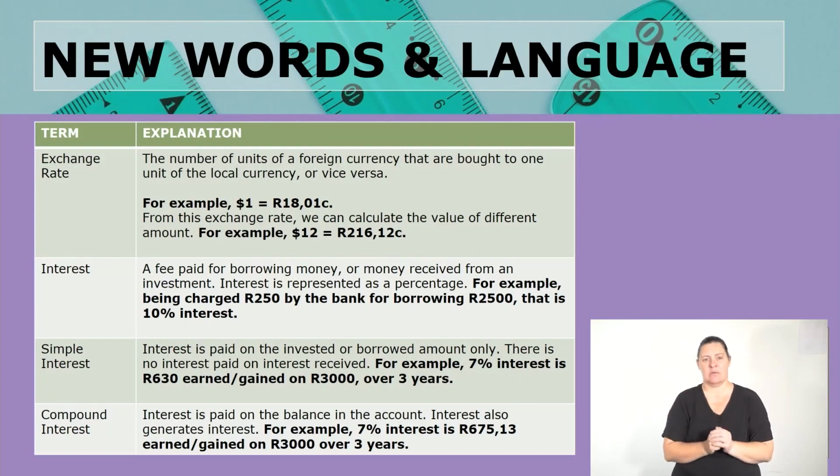For example, we have $1 is equivalent to 18 rands and 1 cent. So from this exchange rate, we can calculate the value of different amounts. For example, the value of $12 is equivalent to 216 rands and 12 cents.